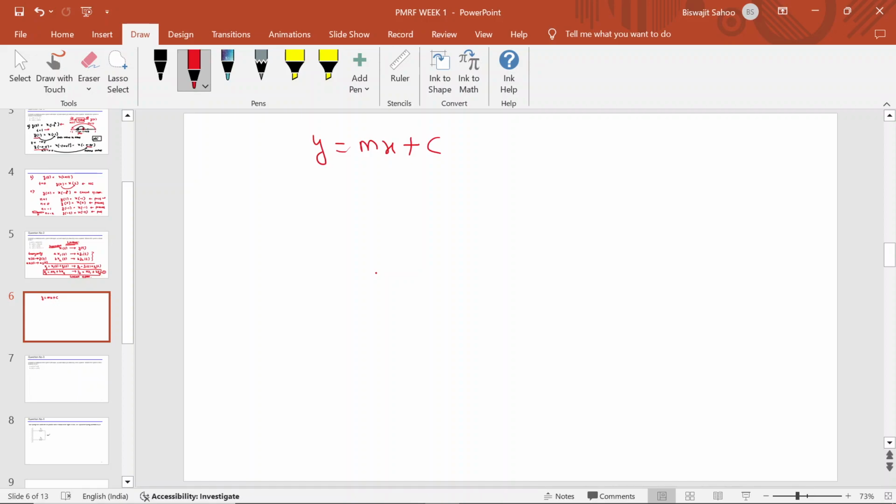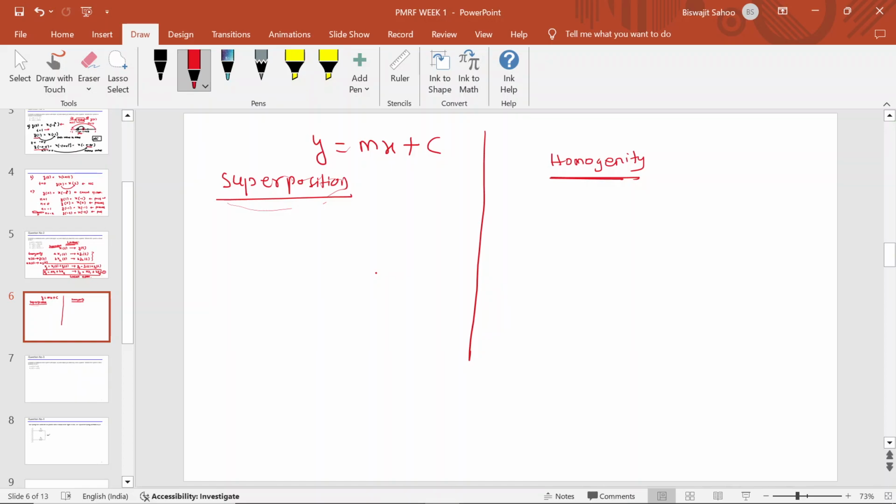Let one person subdivide. He will apply the superposition theorem here, and the other person will start with homogeneity. You can start with either one, but you can also combine both.